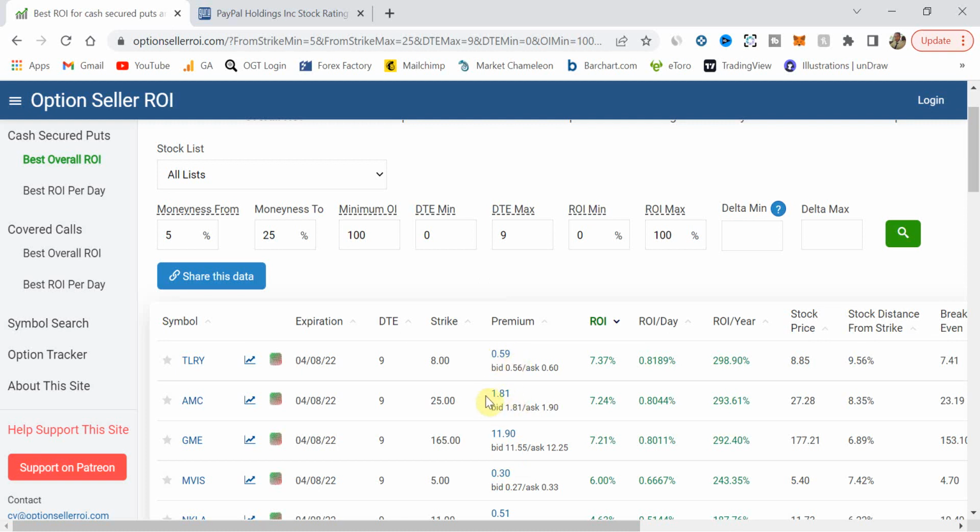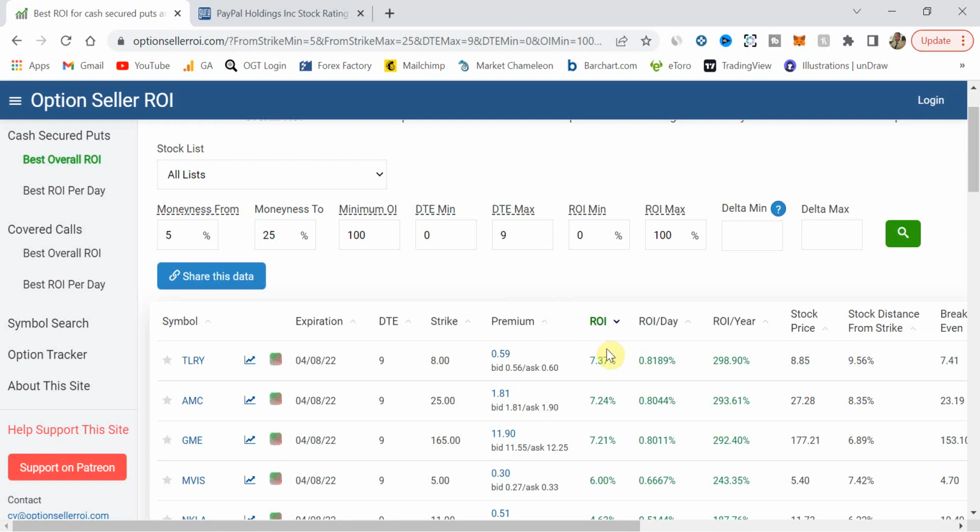That's $59, $181. That is $1,190. So at this point, all it's doing is taking the premium divided by the strike price to give you the ROI. So this is the way I like to look at things, by looking at the ROI of the amount of money you're actually investing.